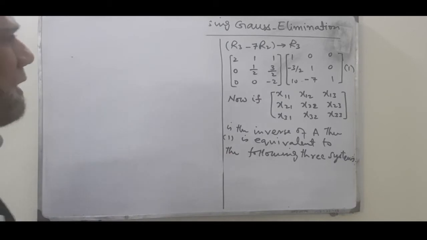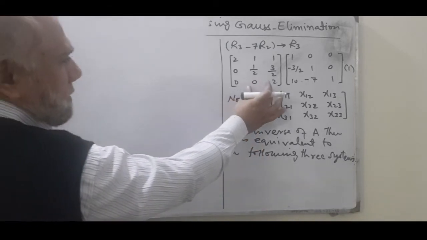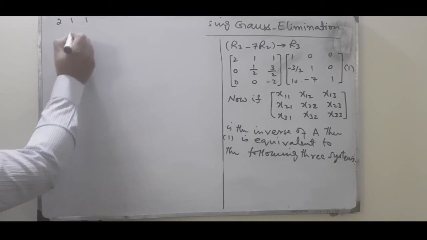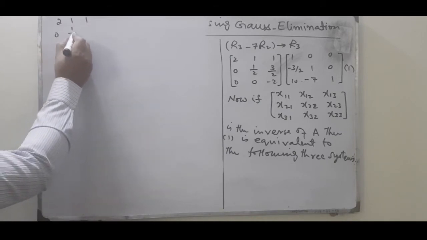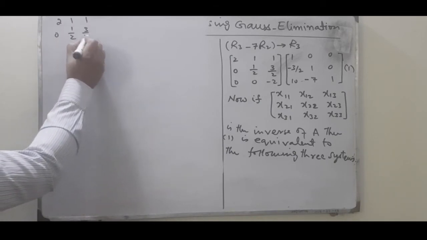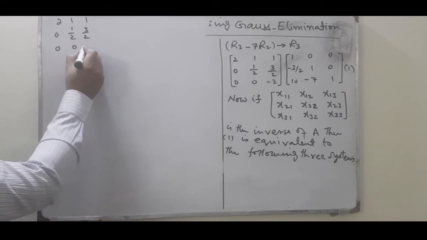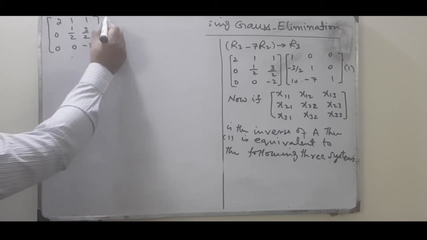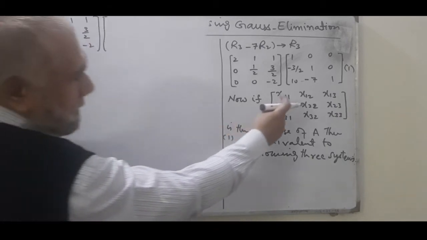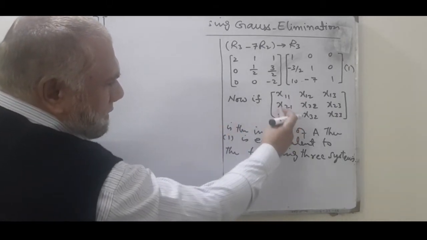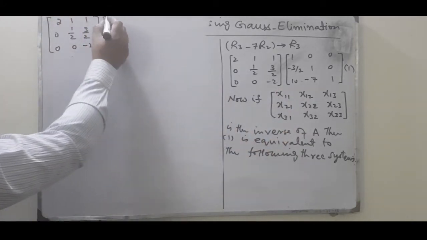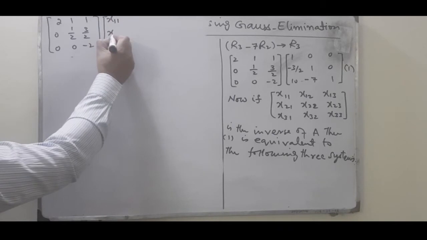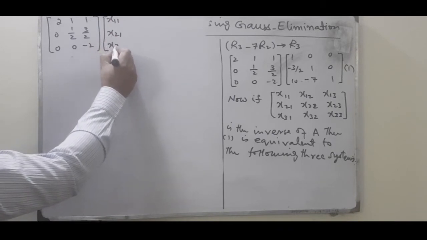So the 3 systems are, first you have to take this matrix 2, 1, 1, 0, 1 by 2, 3 by 2, 0, 0, minus 2. Along with this, you have to write down the column vector of elements, the first column of this unknown inverse, which is x11, x21, and x31.